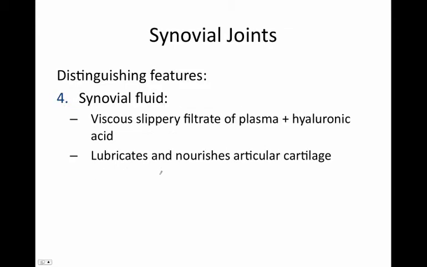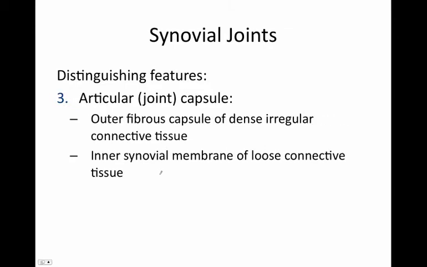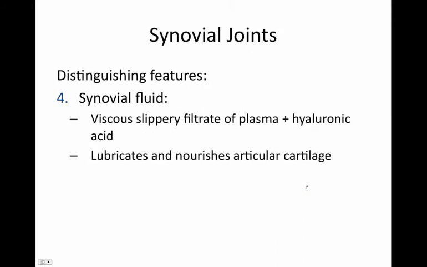So we have to take a look at this idea that there's this capsule that has different layers to it. So we have this outer dense, irregular connective tissue, and then we have this inner area that's going to be our loose connective tissue.